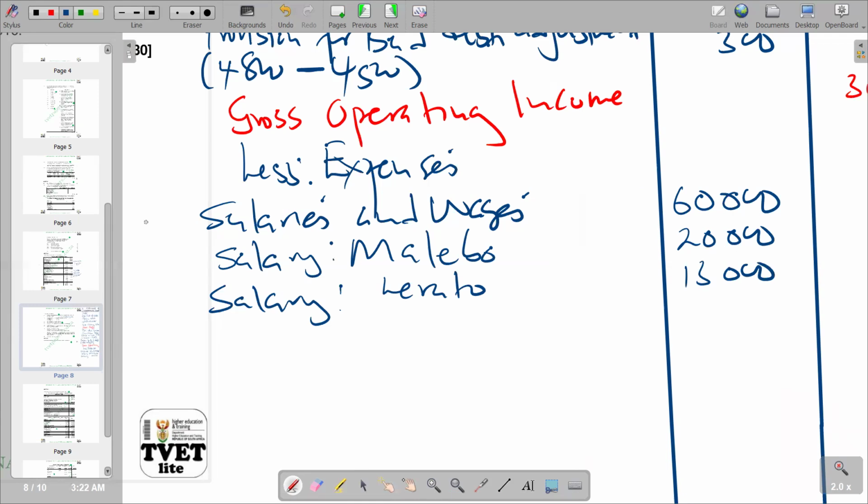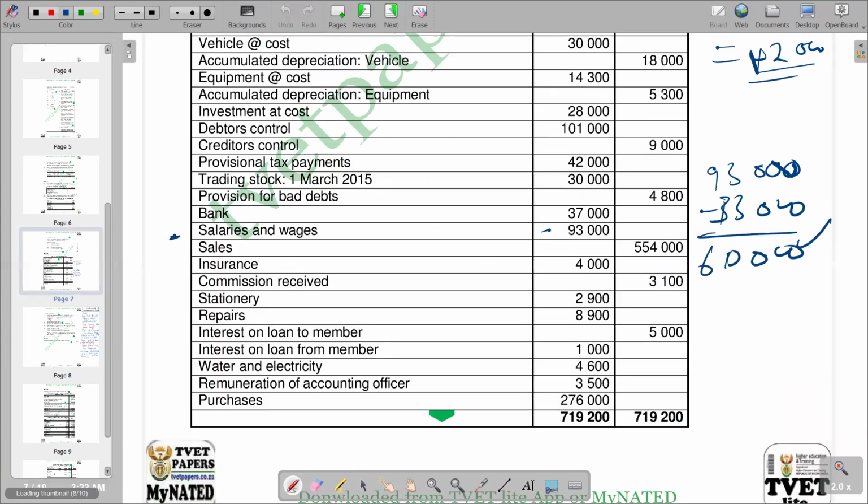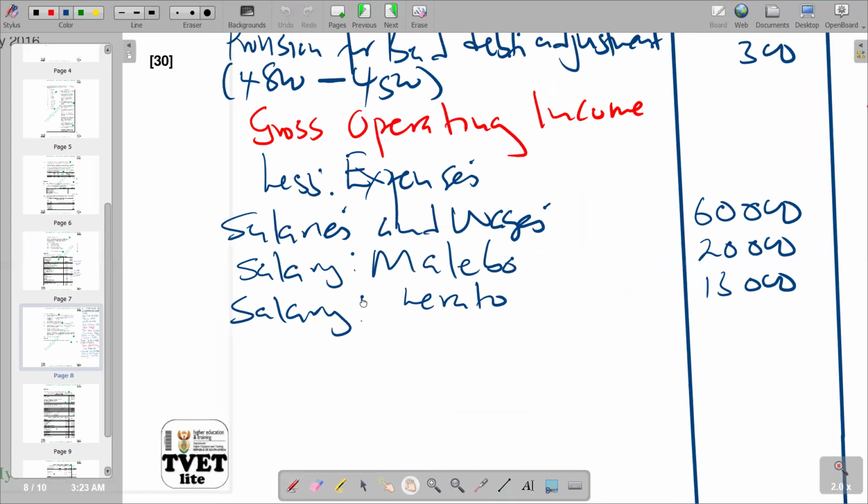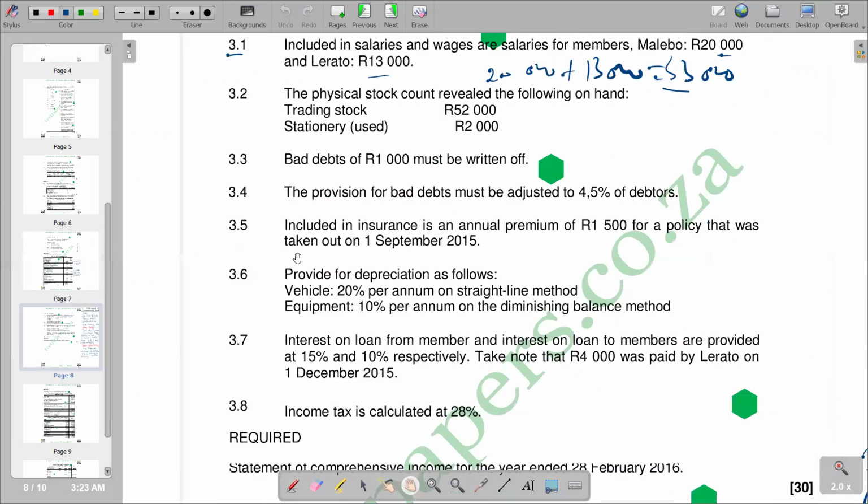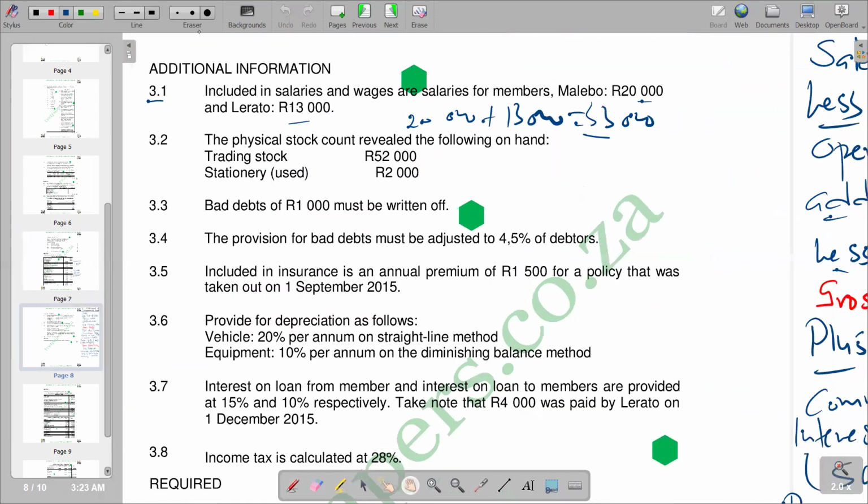And then we try to see the next expense that we have. We've got insurance, which is 4,000. But before we put our insurance, we also need to check any additional information that is affecting our insurance. So you can go through the additional information and check for those that are affecting insurance.